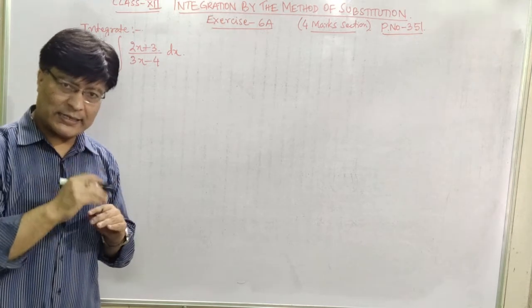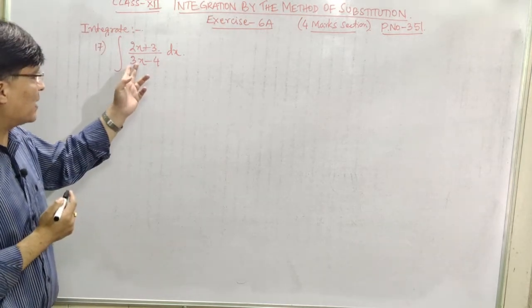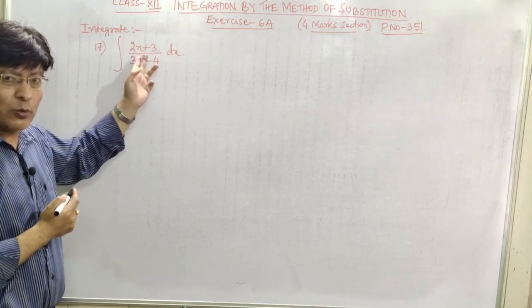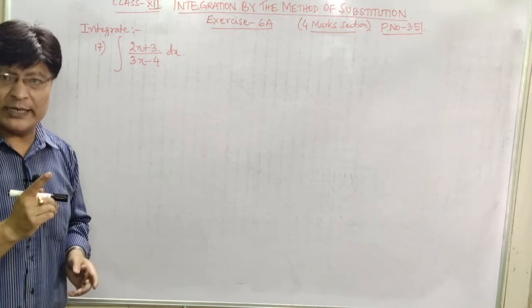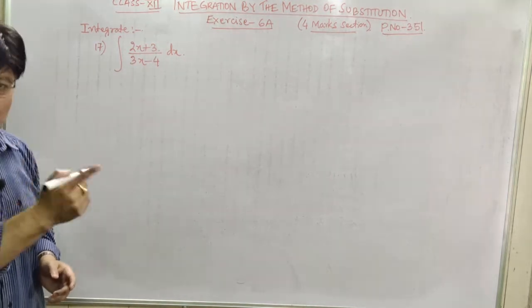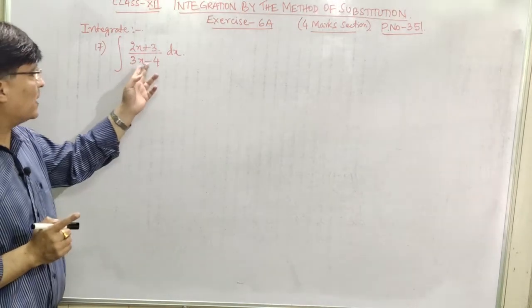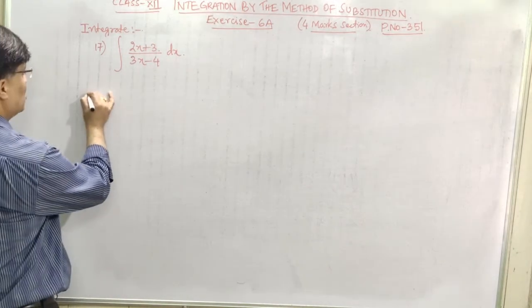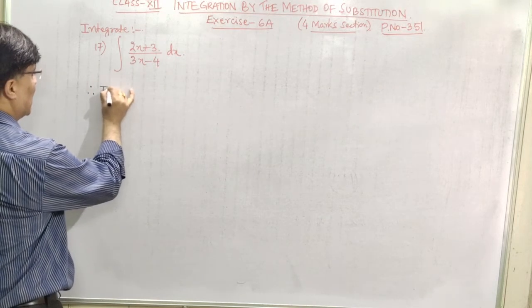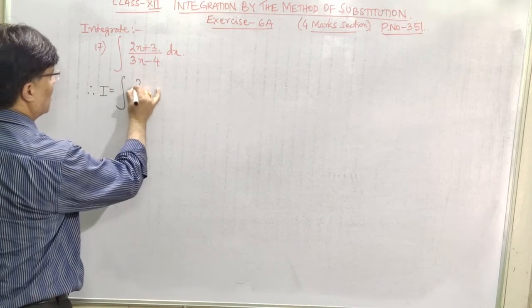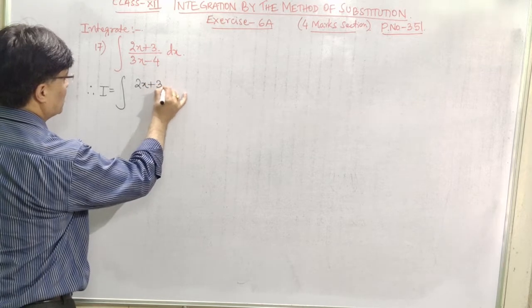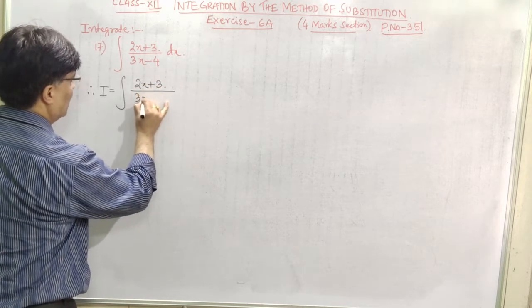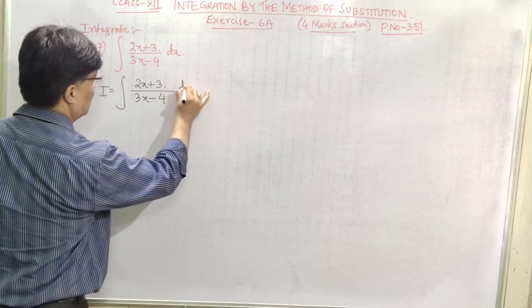That is, you have to write this 3x minus 4. Whatever is there in the denominator, you have to write it in the numerator. That is, 3x minus 4 should be written in the numerator. Right? So let us assume it as I first. That is, I is equal to integration of 2x plus 3 divided by 3x minus 4 dx.